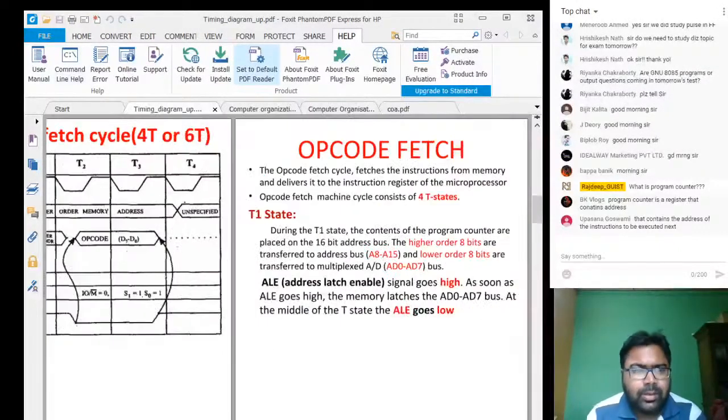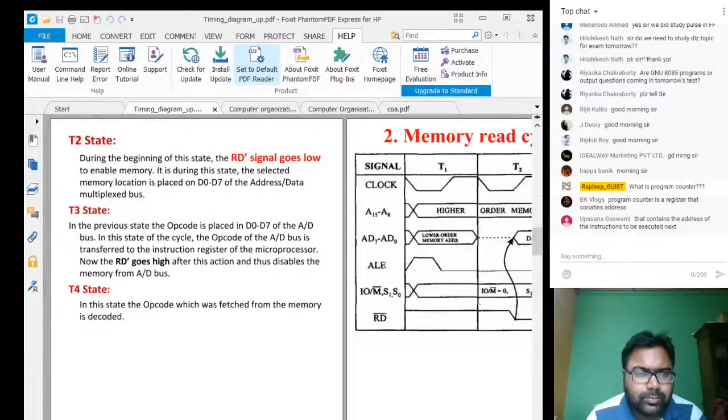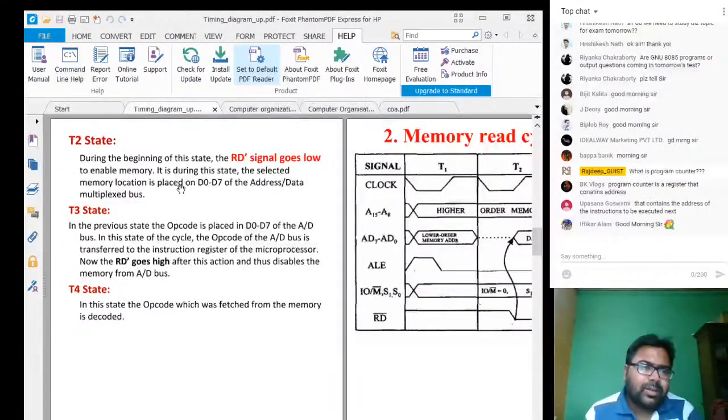Okay, so next, T2 state. During the beginning of this state, the RD complement signal goes low to enable memory. It is during this state that the selected memory location is placed on D0 to D7 of the address data multiplexed bus.